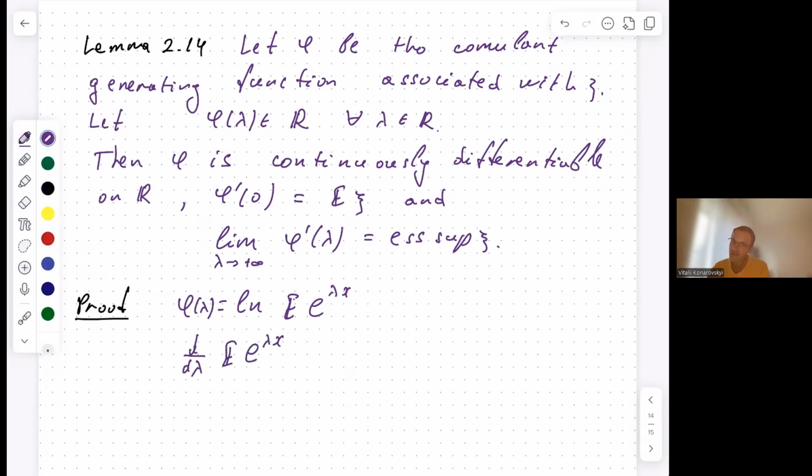Here you need to write this derivative as a limit. You know that the expectation exists for every lambda. You need to use the dominated convergence theorem a little bit carefully, and then you will get that you can exchange the expectation and the limit, or the derivative. Oops, I'm sorry, here should be xi. And then you will get the result that the limit exists, and it is equal to xi e to the lambda xi. And then also you need to use, again, the dominated convergence theorem to show the continuity.